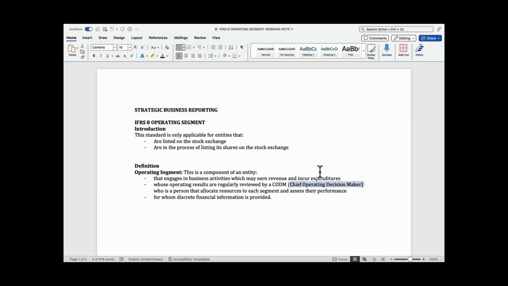No. Whoever is that person in your organization that allocates resources to segments and also assesses their performance, that's the CODM. Whether it's the MD, whether it's the GM, whoever in your company that does this, that's the CODM. And for whom discrete financial information is provided, meaning they provide operating results, P&L statement, and all of those statements for that particular entity, then that is an operating segment.